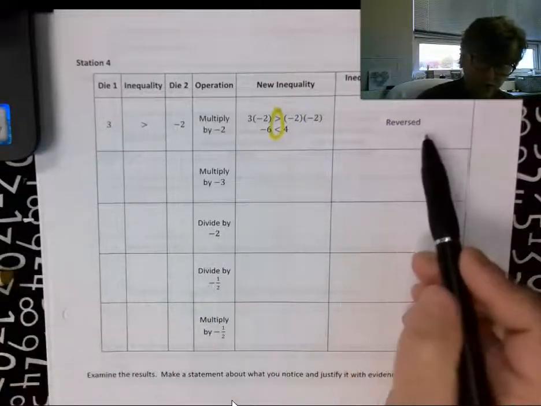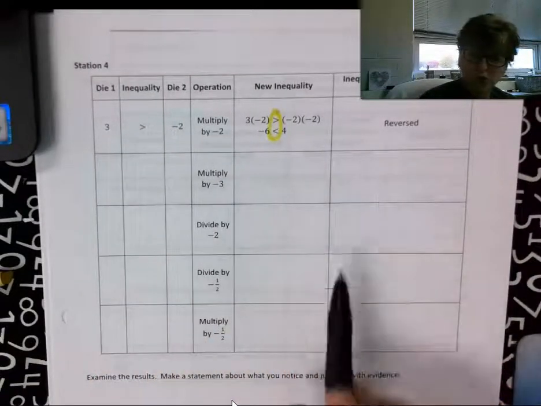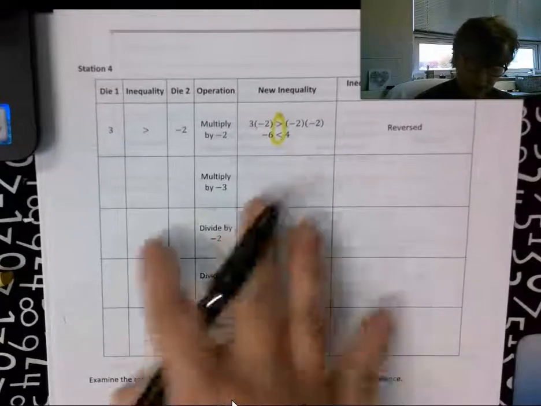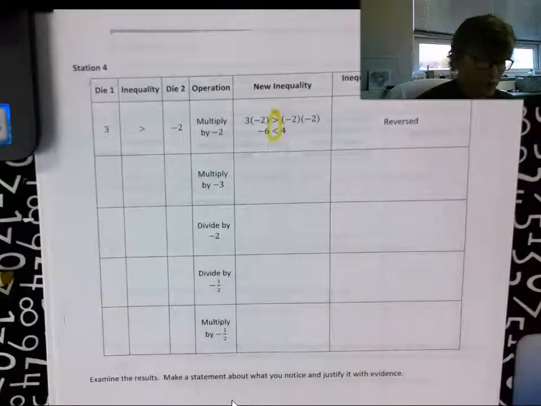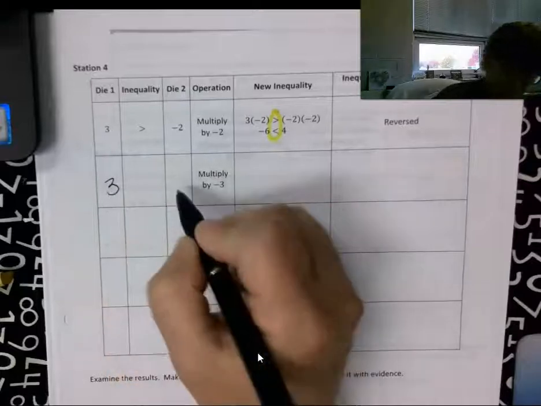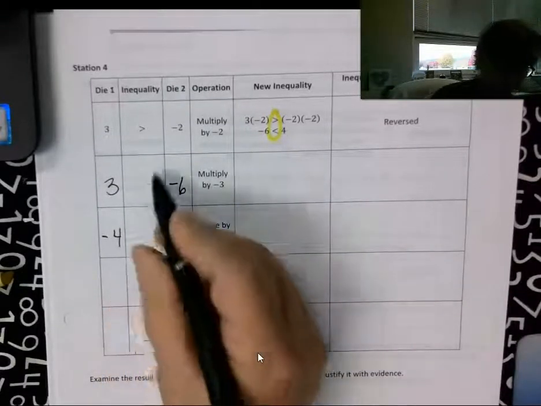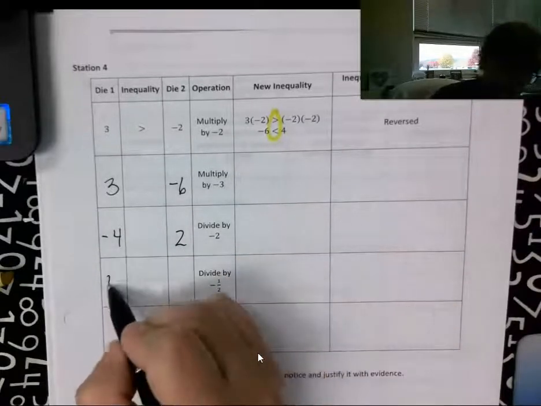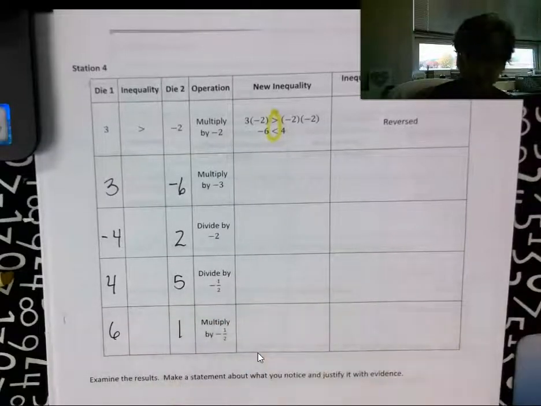We have reversed. So I want you to work through the rest of these and again, see if you can come up with a statement that explains what's occurring inside of each of these. You can copy these numbers down. Remember to fill in the inequality signs and to show all of your work. And then come back when you are done.